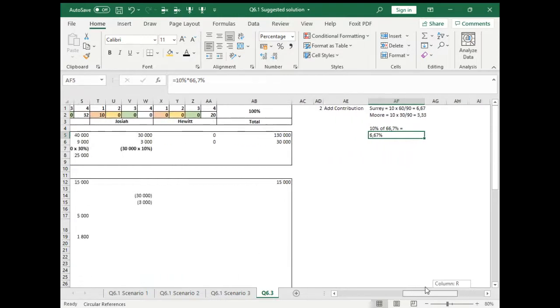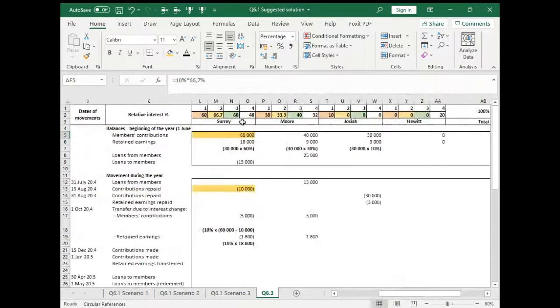Now, because we had 66.7, if you round it up, we are going to reduce it by that amount to get it back to 60, and we add it to the 33.33 to give us back 40. So basically what happened in this transaction is we just acquired the 10% that was redistributed after member Joshua left the CC. That's what we're doing here.